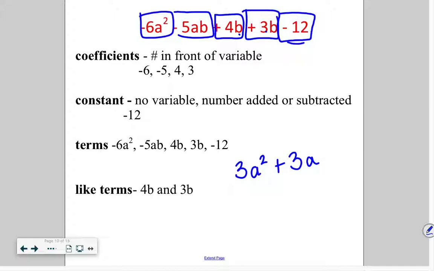No, they are not. 3a squared is the same thing as 3 times a times a, and 3a is just 3a, correct? That's not the same thing. They have to be the same in everything. Exponents have to be identical with those variables. So if it would have been 3a squared plus 3a squared, now those are like terms.